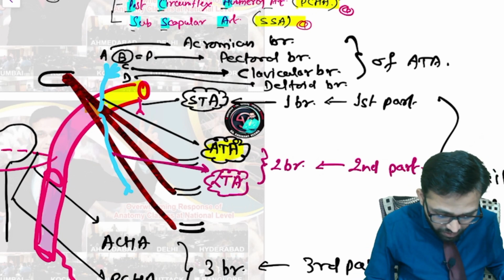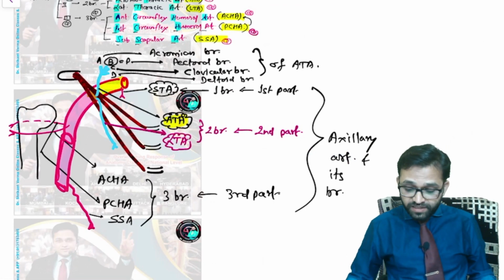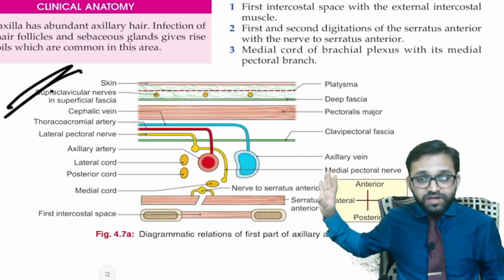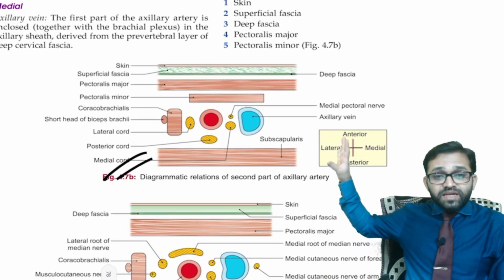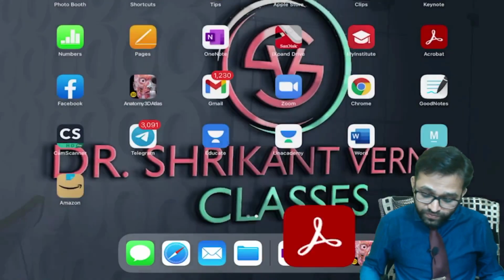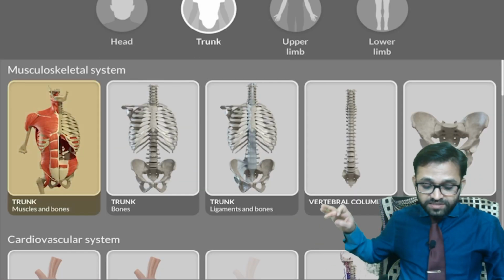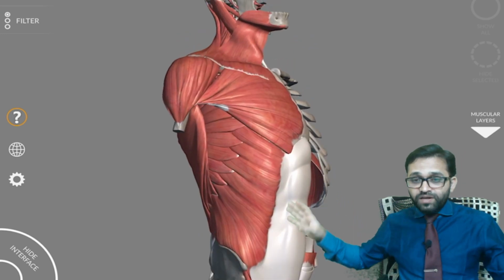So these all are our different facts. In detail, in the next class we will see all our relations, very important: first part relation, then second part relation, then third part relation, and the fourth part relation, with a proper three-dimensional view. It is a difficult topic, but with the three-dimensional view we will learn.